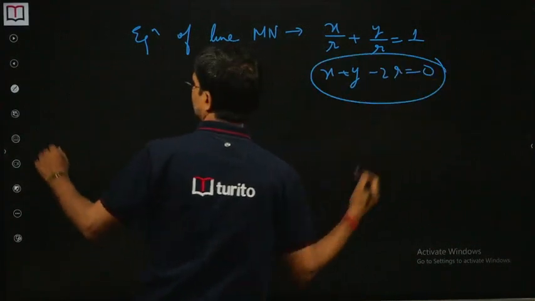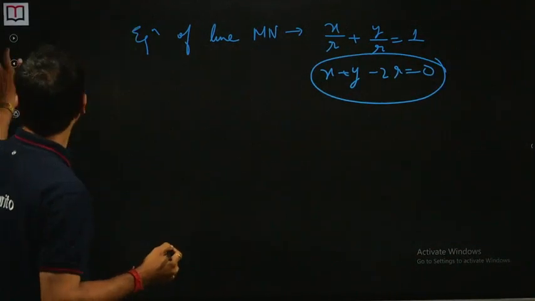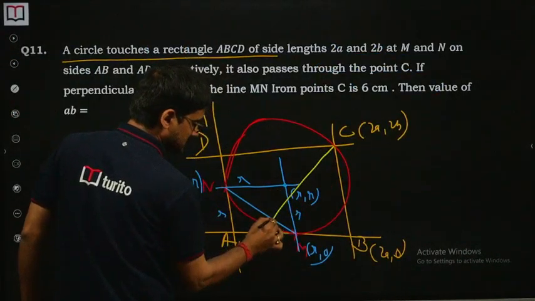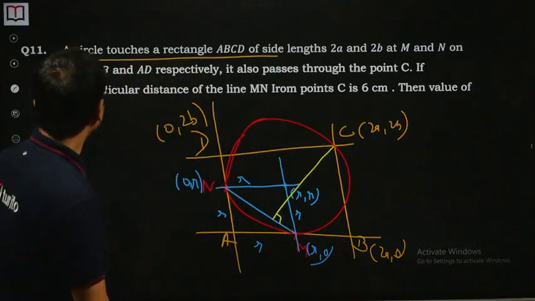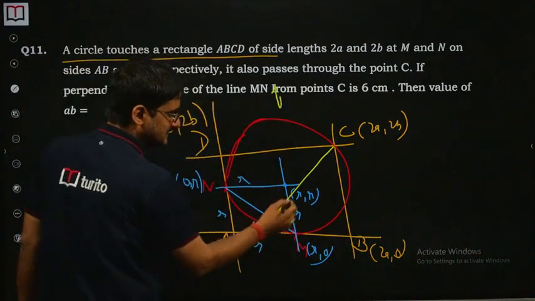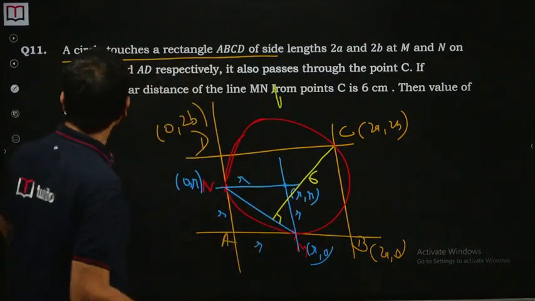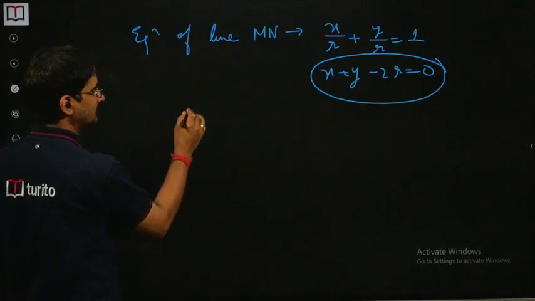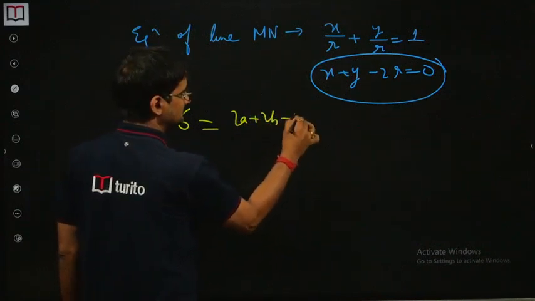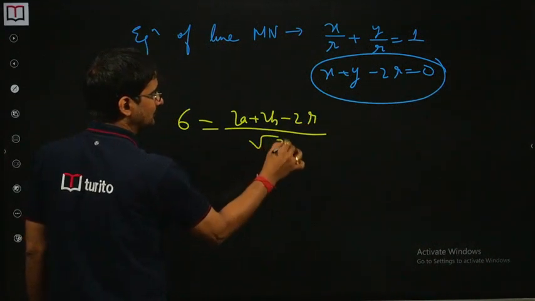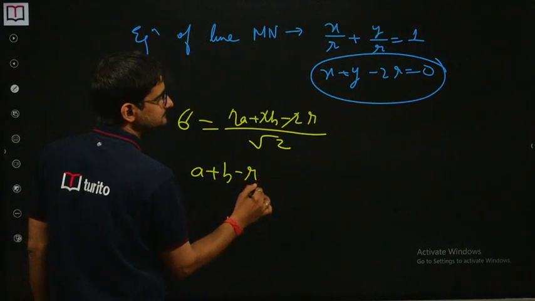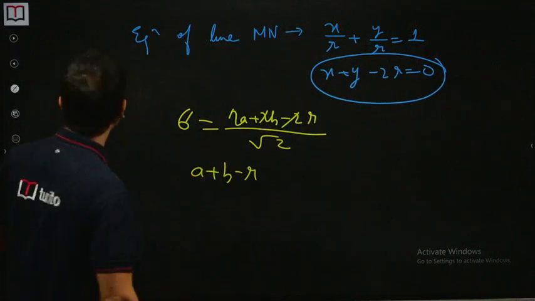Now the perpendicular distance of this line from vertex C is given to be 6 centimeters. So we know the perpendicular distance of a point from a line, and this is 6, with C being (2a, 2b). So (2a + 2b - r) upon root 2, the 2 isn't needed, it's just r, I'm sorry.